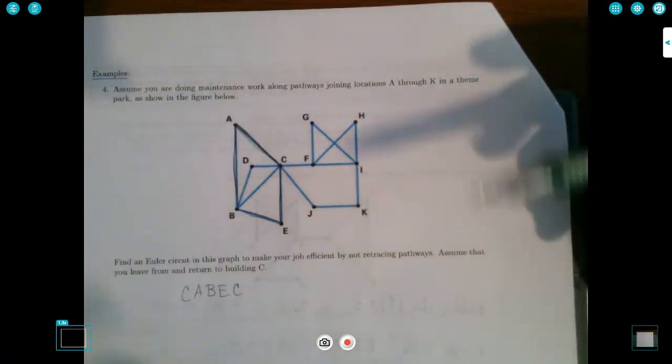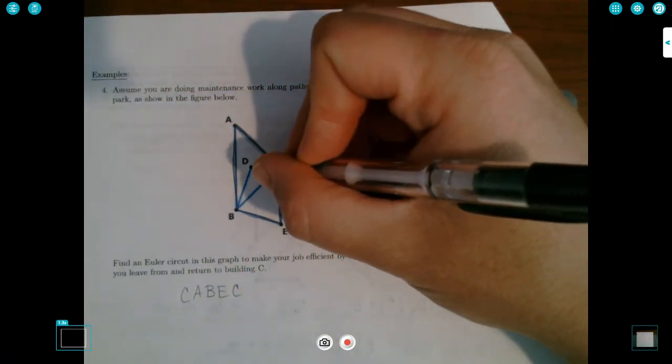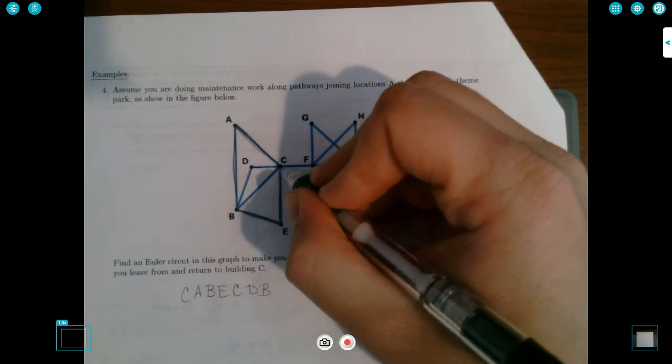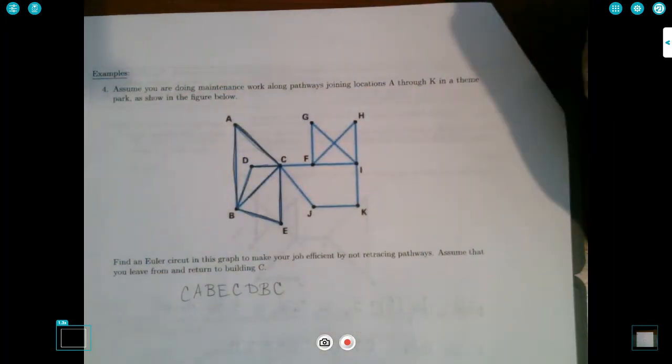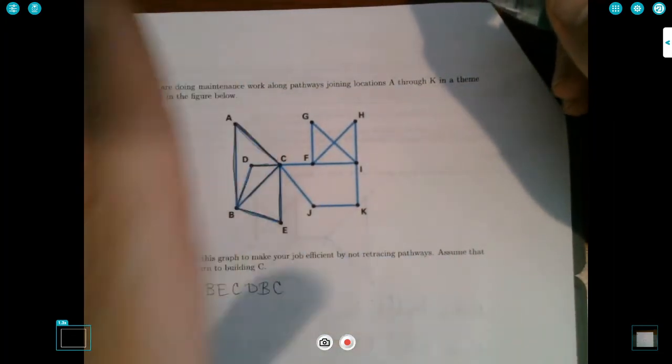Take away this one, not, so I can go any way I want. Let me fill in this stuff. So I'm going to come back over, and then down, and then back up. Okay, now I pretend that all that stuff doesn't exist anymore.